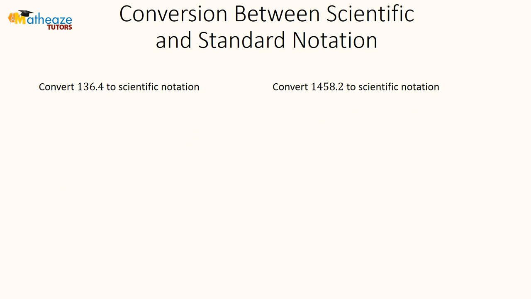Now we have a situation where this number already has a decimal point. So we have the decimal point right here, but we want to make sure our number is between 1 and 10. So I'm going to put it right here, and I need to go 2 spots to get to where the decimal place was originally, which is 1.364 times 10 to the power of 2.